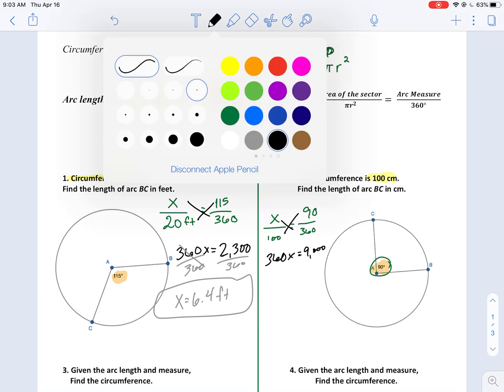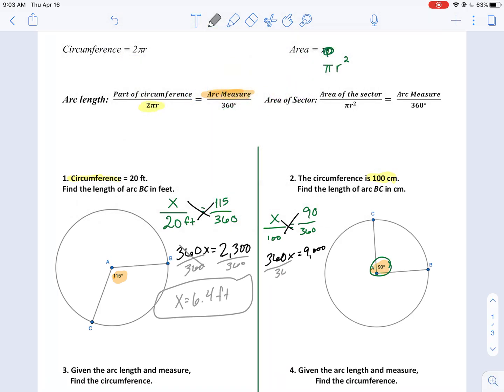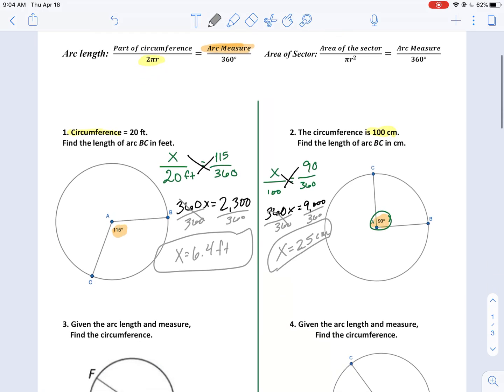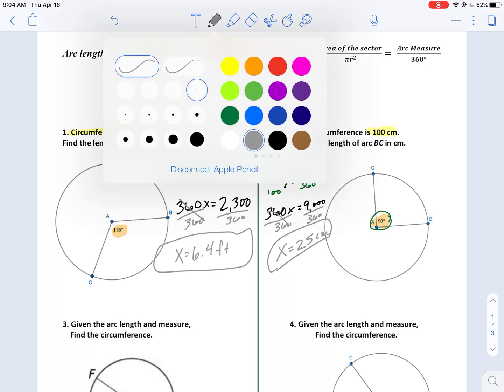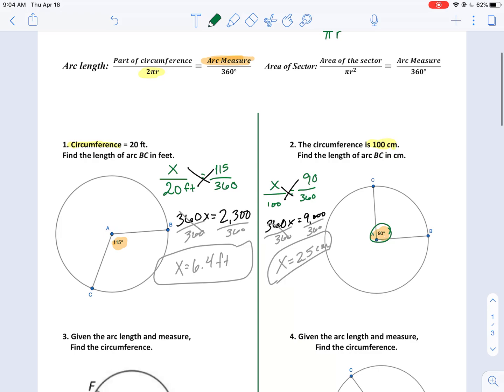Okay, now I can cross multiply again. 360x equals 9,000. And if I divide by 360 on both sides to get the x by itself, then I'll end up with x is 25 centimeters.